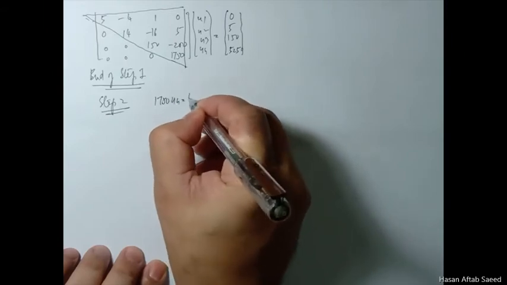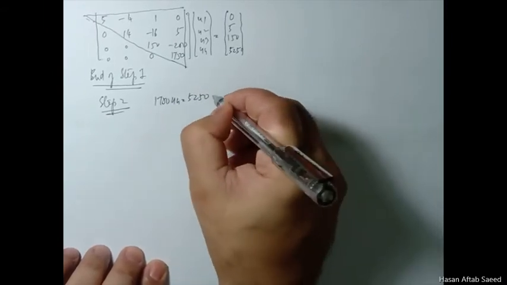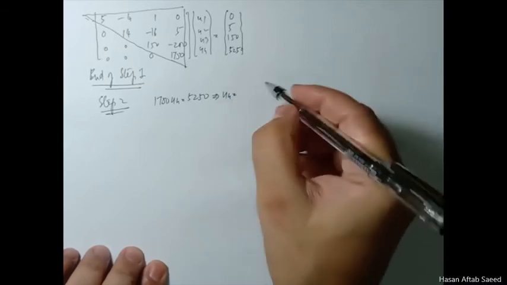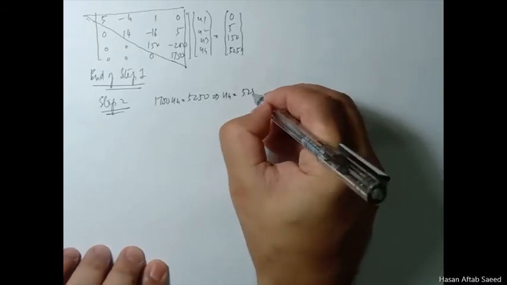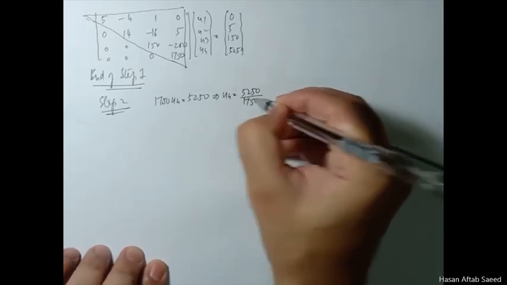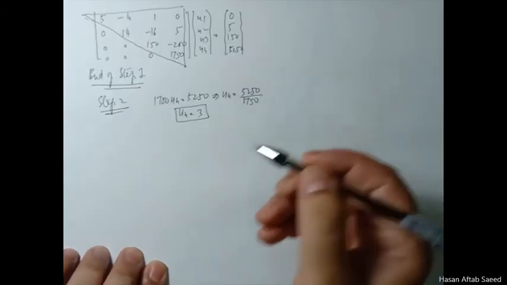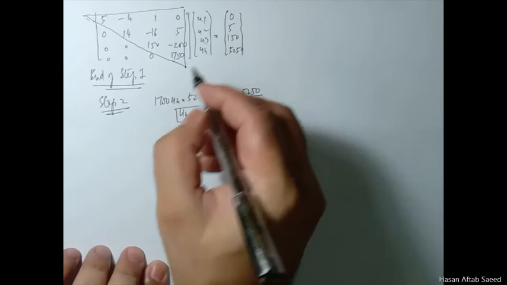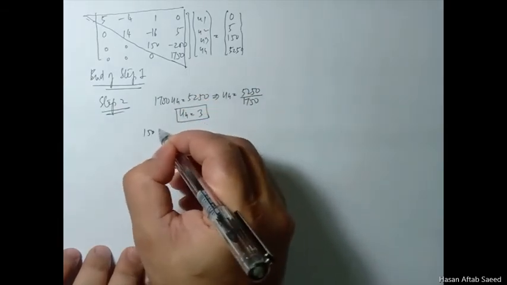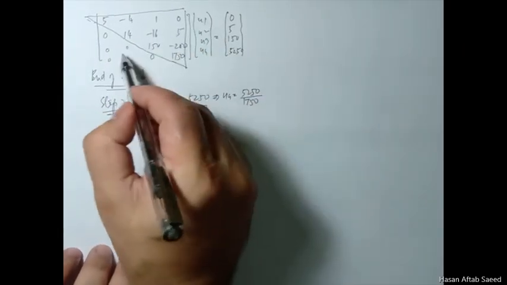1750 u4 is equal to 5250, which means that u4 is equal to 5250 over 1750, that is u4 is equal to 3. Now the next, you go upwards. The next equation is obviously 0 multiplied by u1 plus 0 multiplied by u2.